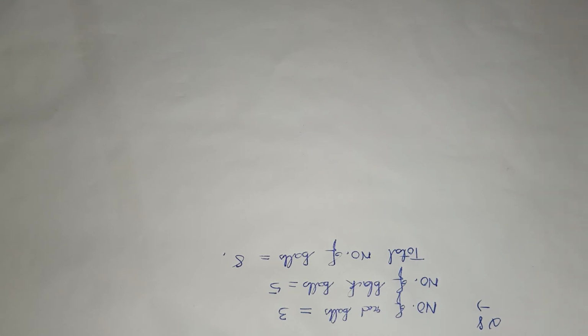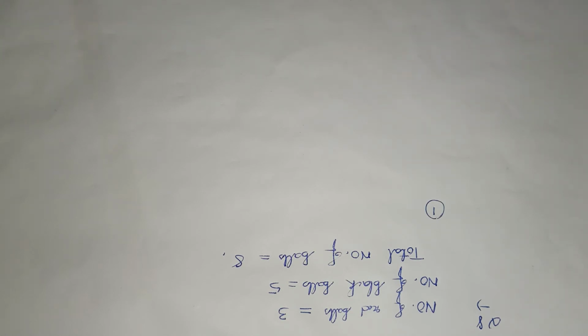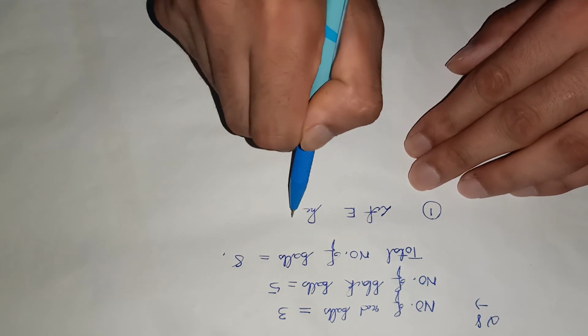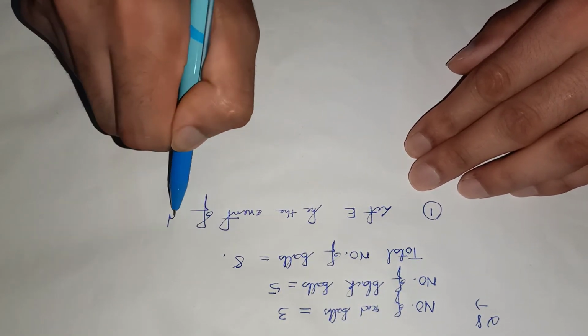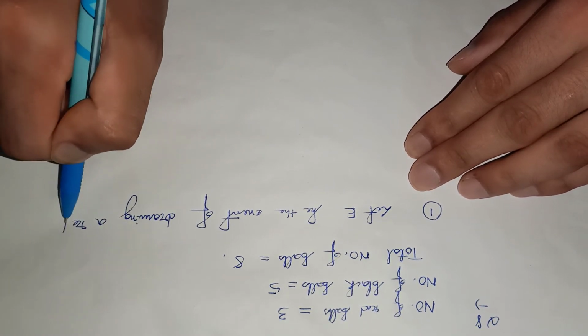Now, the first one is number 1. We have to find out the probability of drawing a red ball. So let me represent drawing a red ball by an event E. So let E be the event of drawing a red ball.